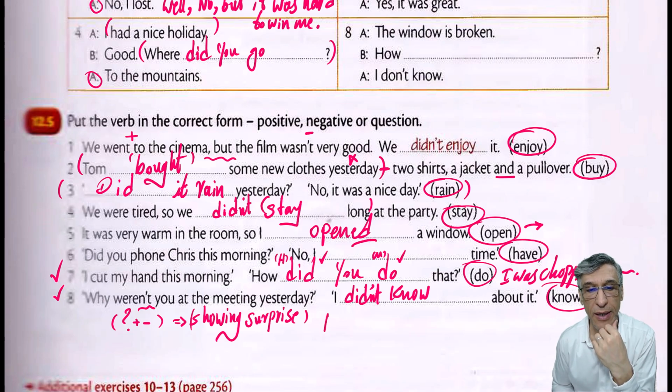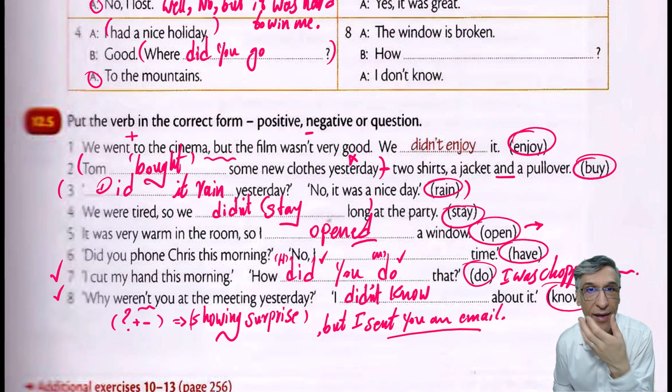You can say, but I sent you an email. I sent you an email. Don't you remember it? And you answered me. Why didn't you come to the meeting?